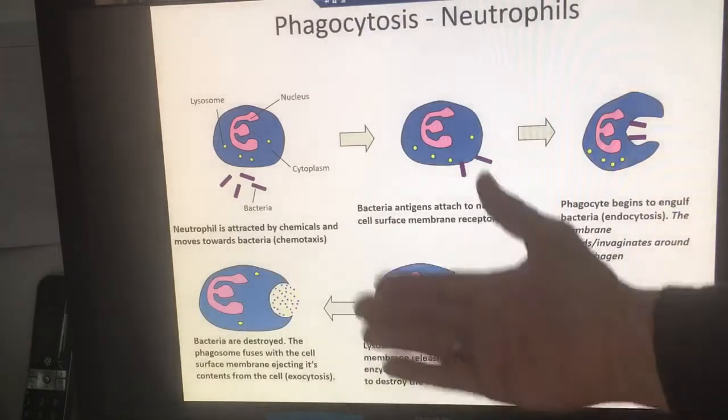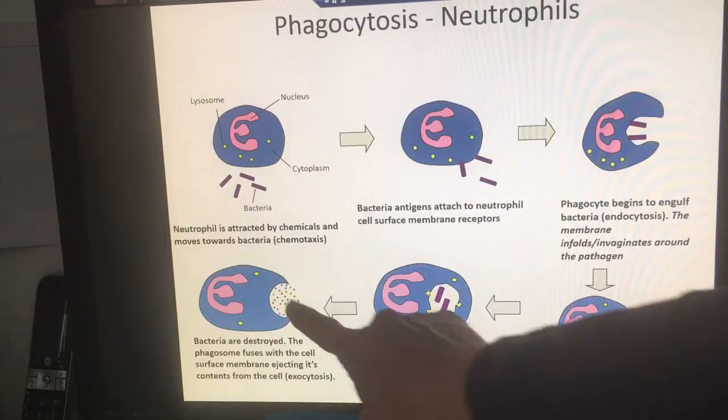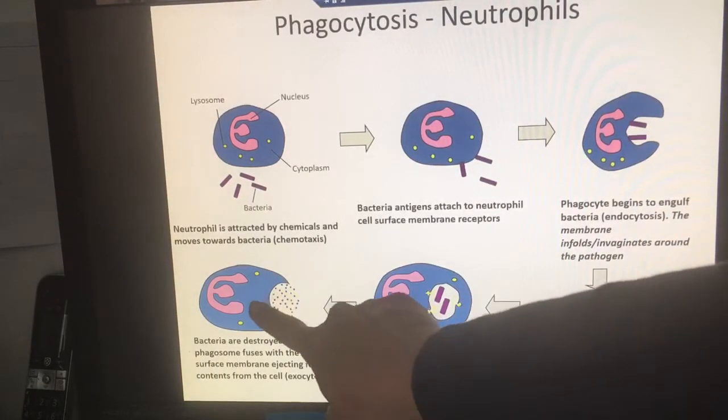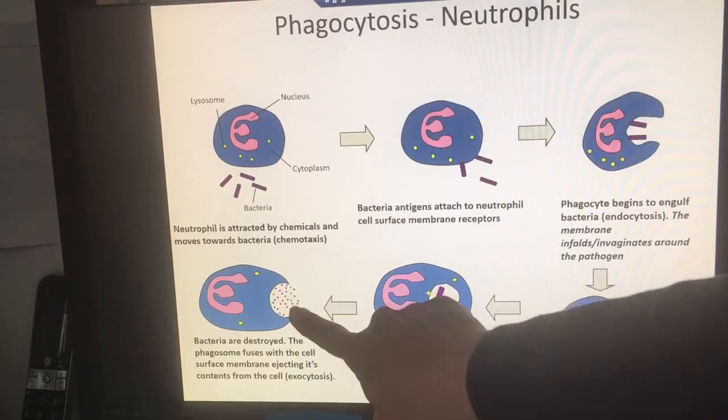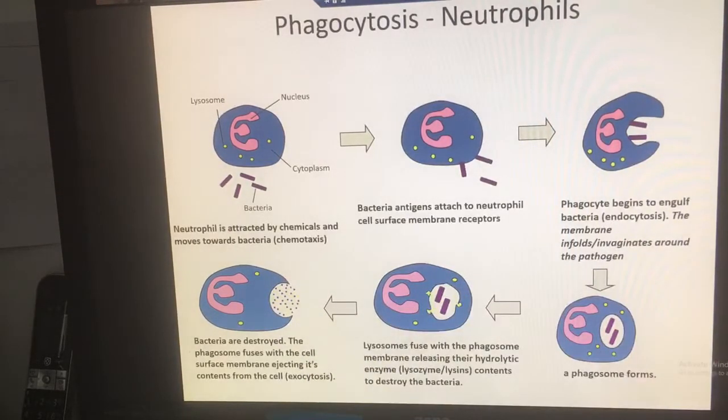And when the bacteria have been fully digested, then the phagosome with the digested bacteria in will move to the neutrophil cell surface membrane and will release the digested contents from the cell in the process of exocytosis. Remember, exocytosis is a bulk transport mechanism, so we require ATP and therefore mitochondria for this process to take place.